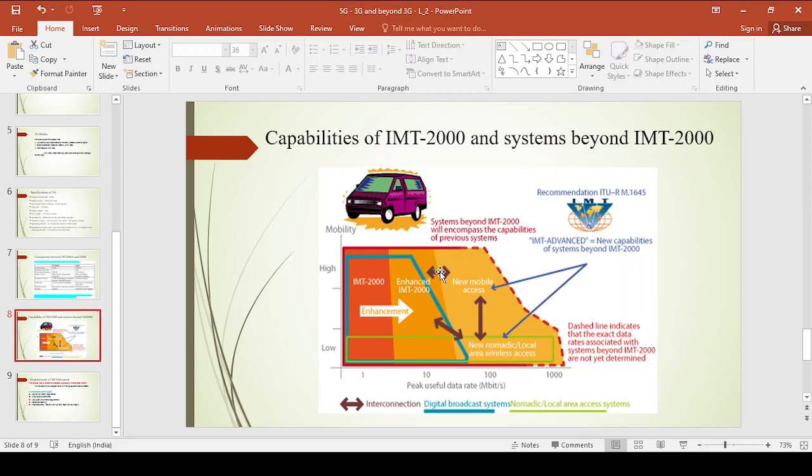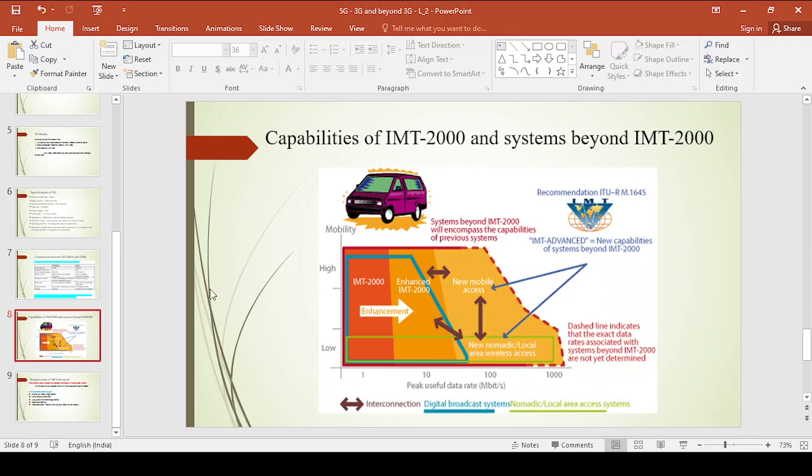Now if you observe this figure, this is again light orange shaded. The mobility is maintained constant, but the data rate has been increased. It will be between 50 to 100 megabits per second, right?